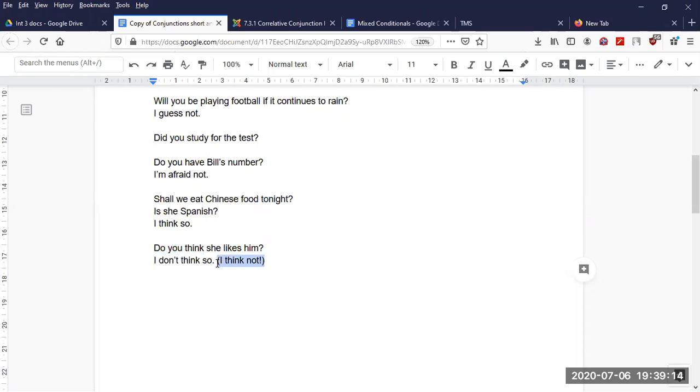Another way of saying I don't think so, which is more formal and more emphatic, is I think not. But this will only be used really in very formal situations, or when friends are joking together, or if you watch movies which are set in the past, or have rich people or powerful people, and they will say, I think not, instead of saying, I don't think so.